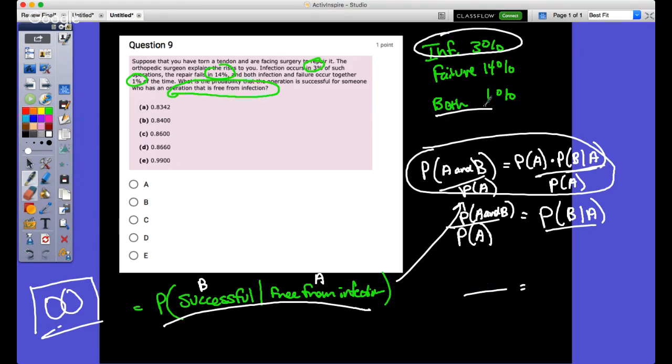A and B in this instance is that it's successful and free from infection. These up here are the complements of these. So if this is infection, not infection would be 97%. Not failure, this one almost got me, would be 86%.